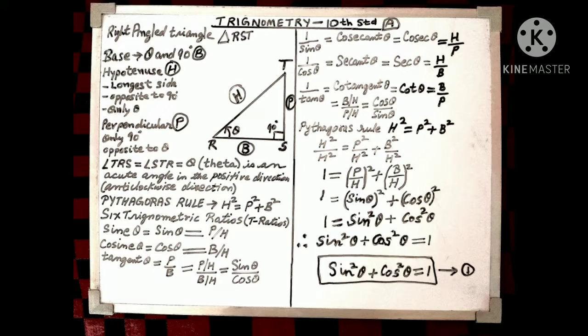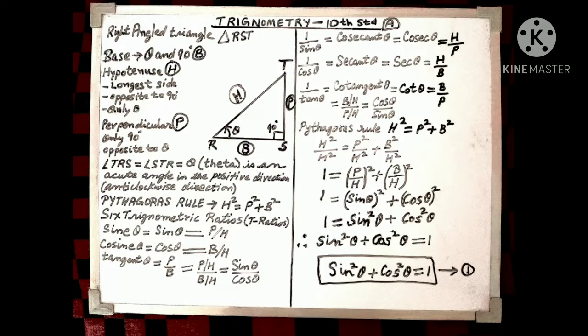That will be known as the base of the triangle. The third side is the perpendicular. This side will be opposite to theta always, and on this side we will observe 90 degree, right? So this has to be very clear. Only then you will be able to differentiate between the base, the perpendicular and the hypotenuse, right?